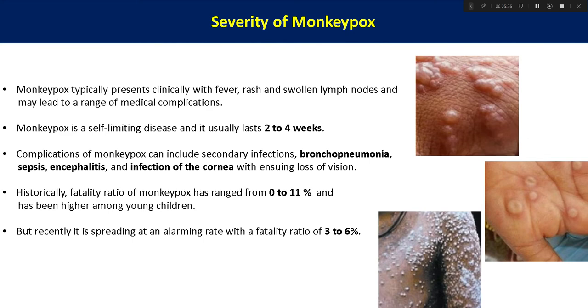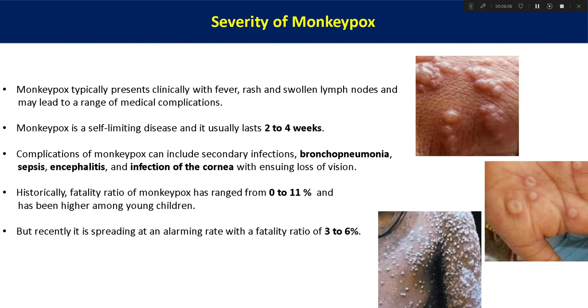It is a viral disease, and we know that mostly viruses don't have any particular medicines. There are some antiviral medicines, but usually doctors don't give medicines for viral infections. So this is also a self-limiting disease, and it usually lasts about 2 to 4 weeks.